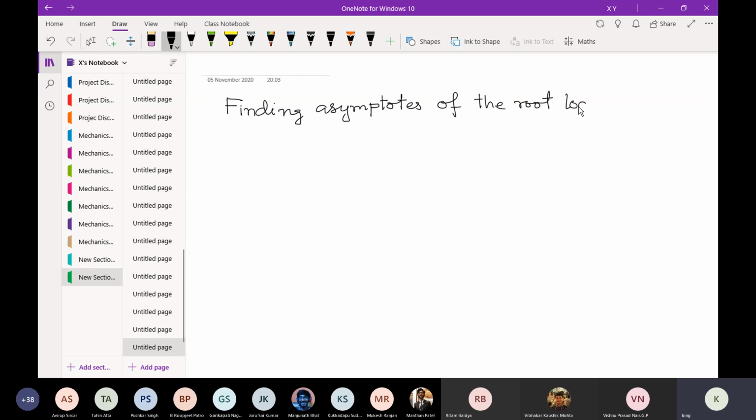Now, when it comes to finding the asymptotes, why are we doing this? Because we really can't find out the root locus of the closed loop transfer function. So what we are trying to do is get a description of a cage in which the root locus is going to remain enclosed.